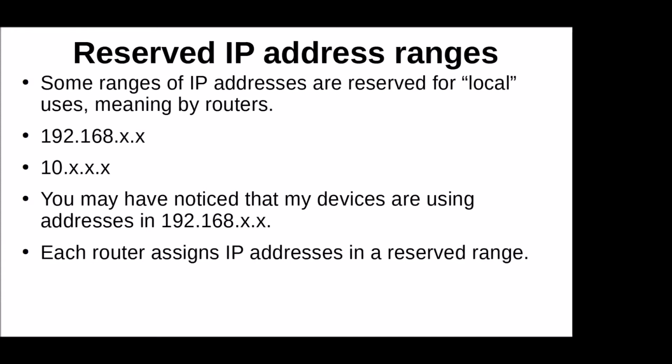In fact, if my router could assign all of the numbers starting with 192.168 on my network, I could connect over 64,000 devices, and each one would get an IP address. I think it's actually 65,535.